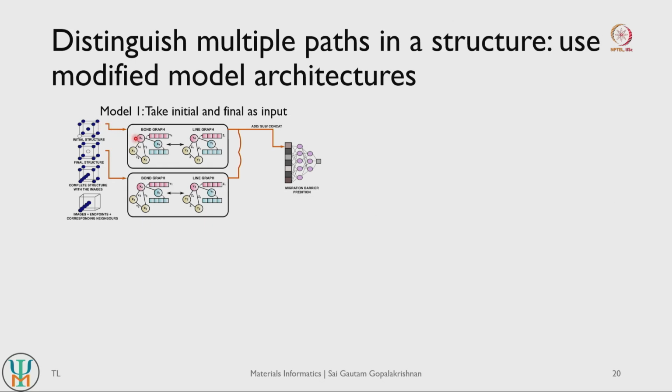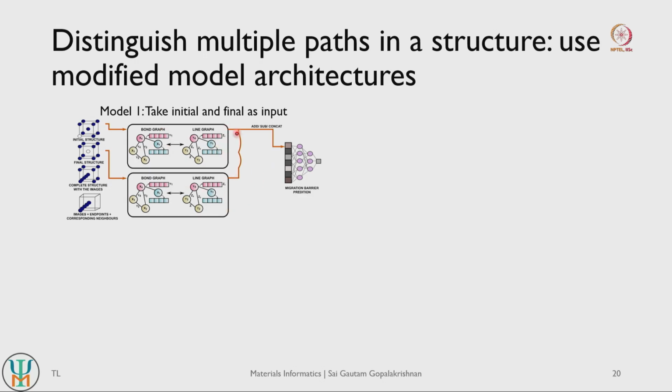In one instance of the model we feed in the initial structure or the initial configuration of the atoms, right, and in the other instance we feed in the final configuration of atoms that constitute the hop of the atom. Right. So here the atom goes from the corner to the center. The corner configuration goes into the first model here and the center configuration goes into the second instance here.